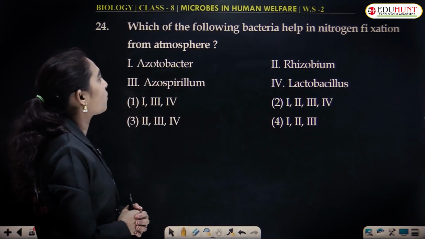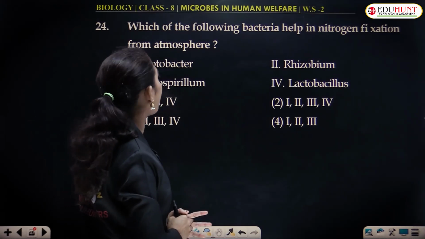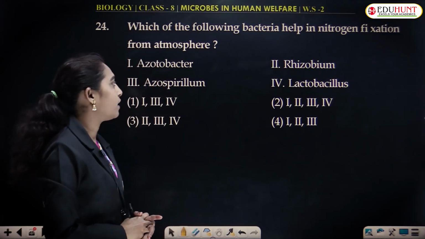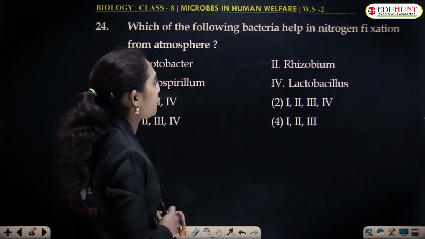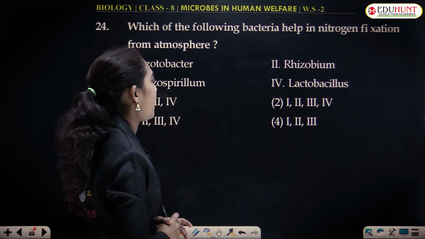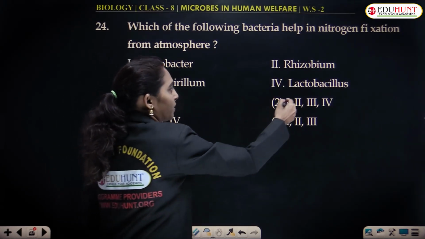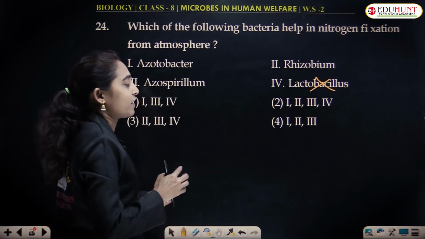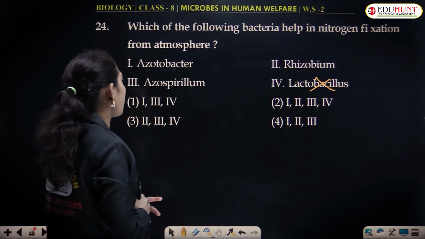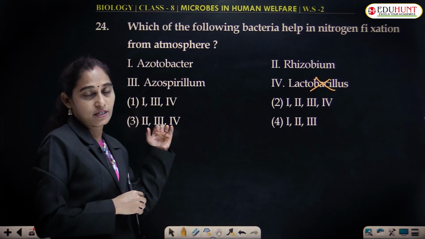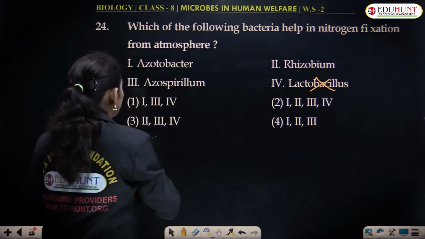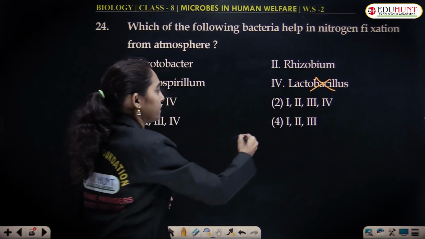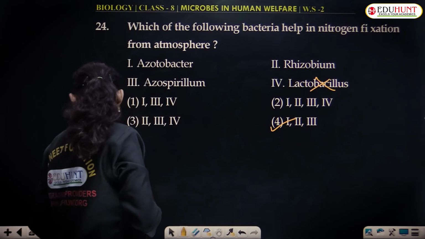Which one of the following bacteria help in nitrogen fixation from atmosphere? Azotobacter, Azospirillum, Rhizobium, Lactobacillus. Except Lactobacillus, all the 3 are involved in fixation of nitrogen from atmosphere. So the probable answer is 1, 2 and 3. Yes, this is the correct option.